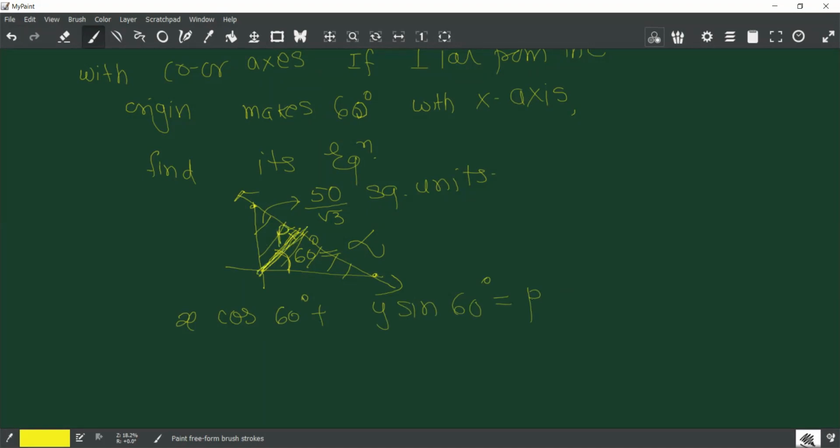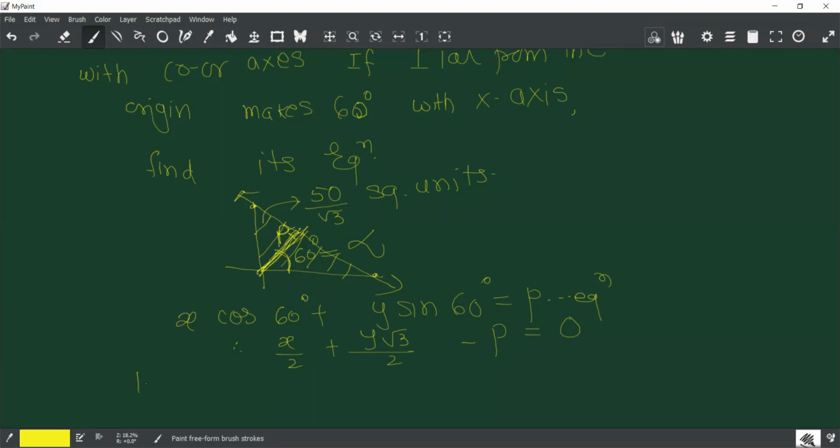This will be the equation of the line in normal form. What is unknown to us? Value of p. So you substitute this, cos 60 is half, sin 60 is root 3 by 2, minus p is equal to 0 is the equation of the line. Are you getting it?